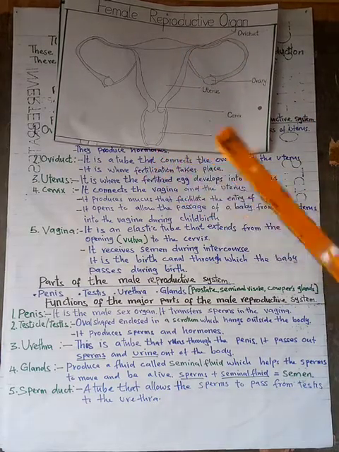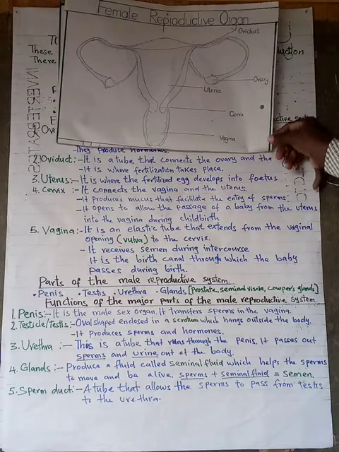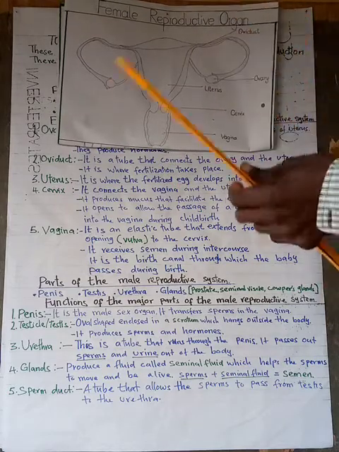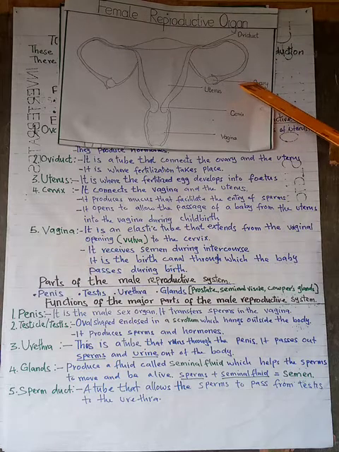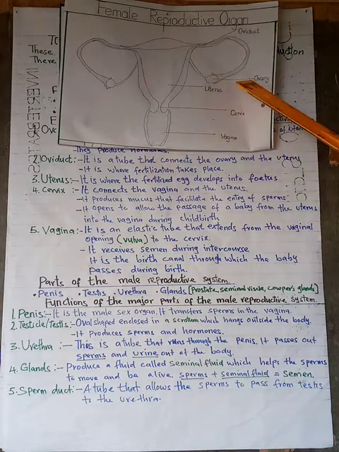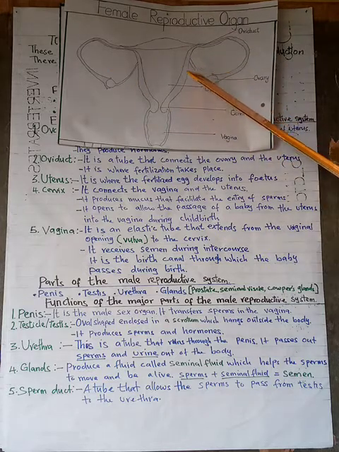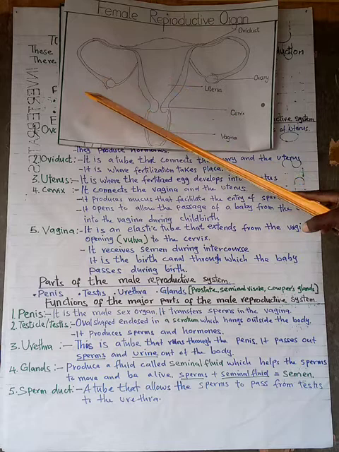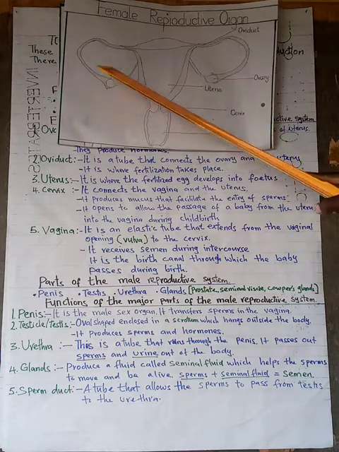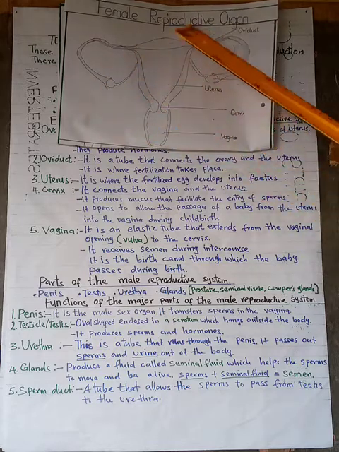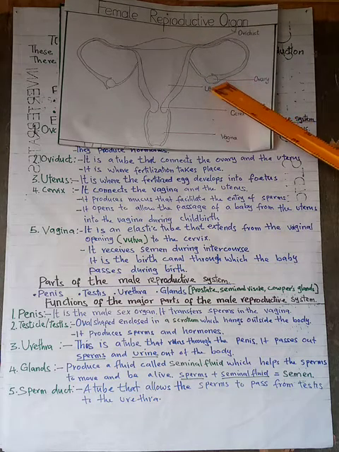Then we have the ovary. They are two oval-shaped organs placed on either side of the uterus.